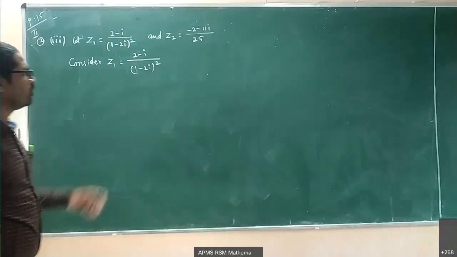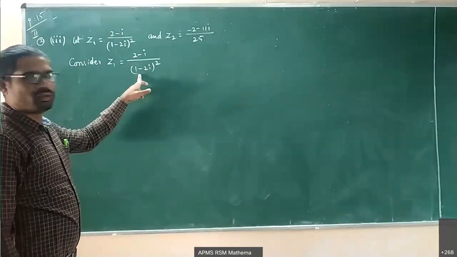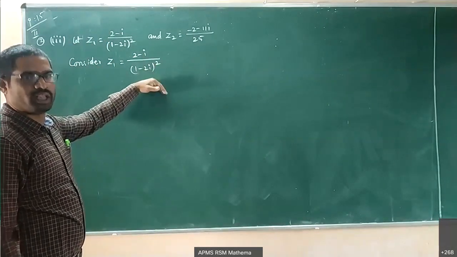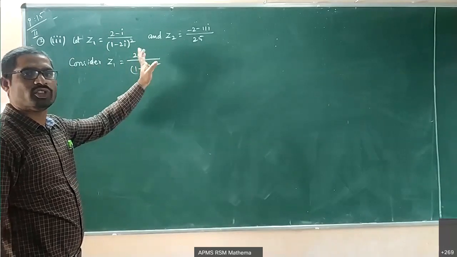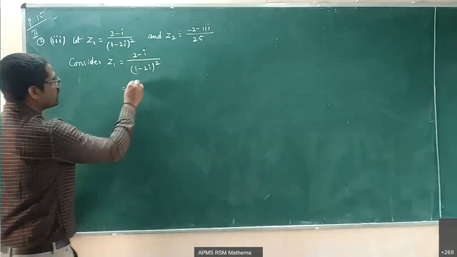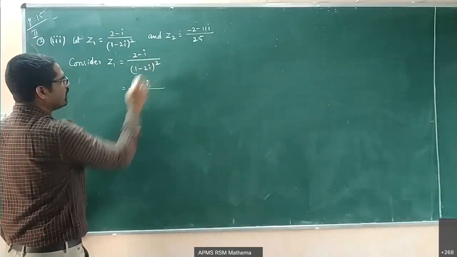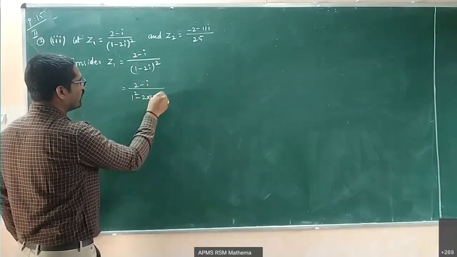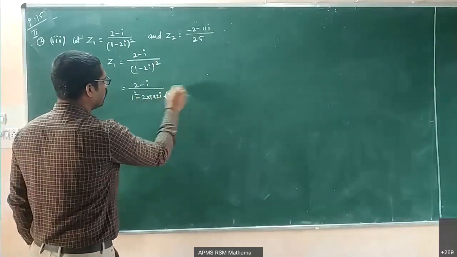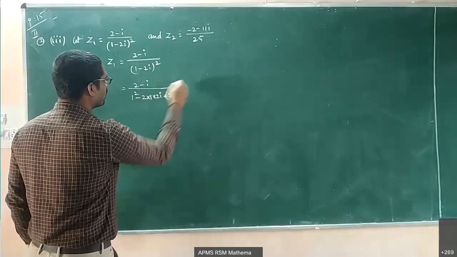First look into the denominator. You have a square; you simplify it and you get a complex number. Using (a minus b) whole square, a square minus 2 into 1 into 2i plus 2i square, we get (2 minus i) divided by (1 minus 4i minus 4), because i square is minus 1 and 2 square is 4, so we get minus 4.